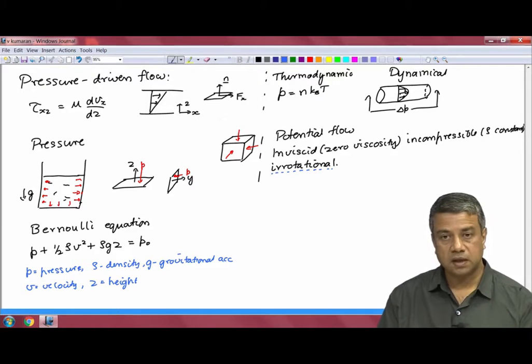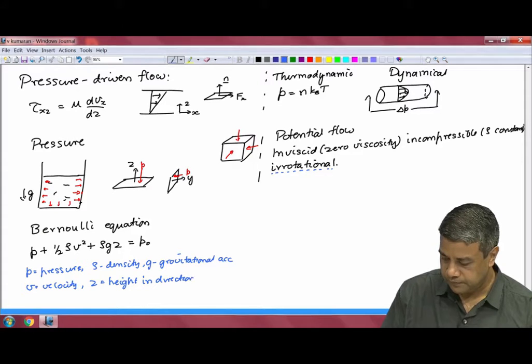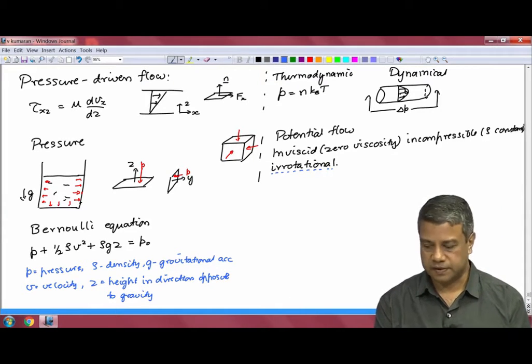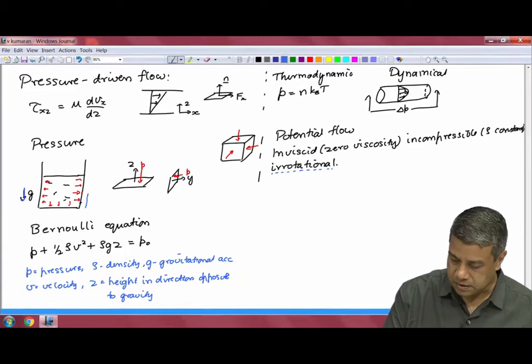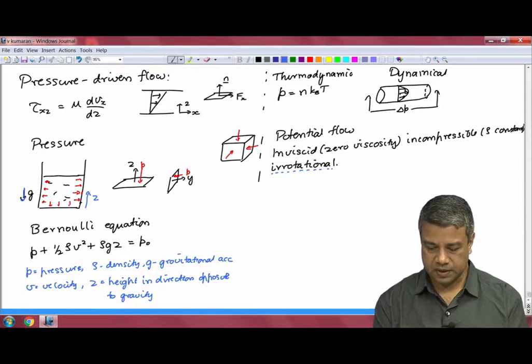Height in the direction opposite to gravity. So, if the gravitational acceleration is in this direction, the Z coordinate has to be in this direction, in the direction opposite to gravity.